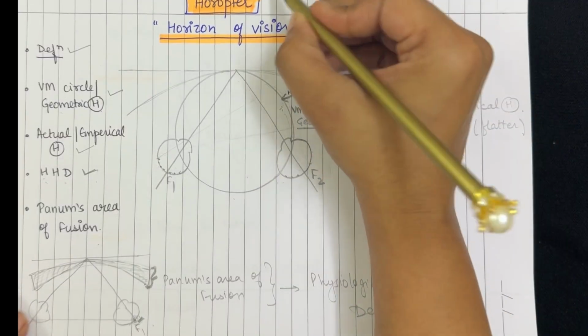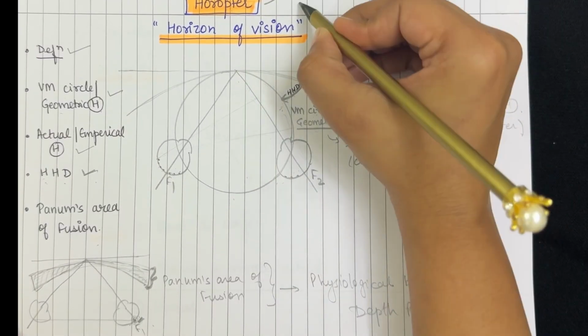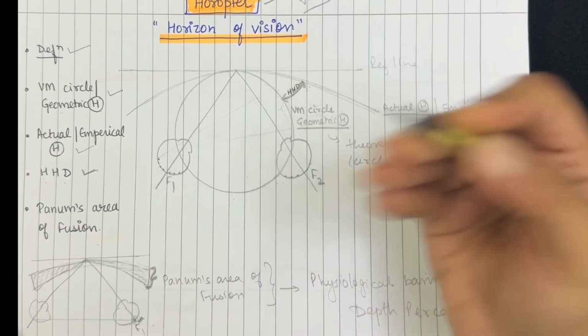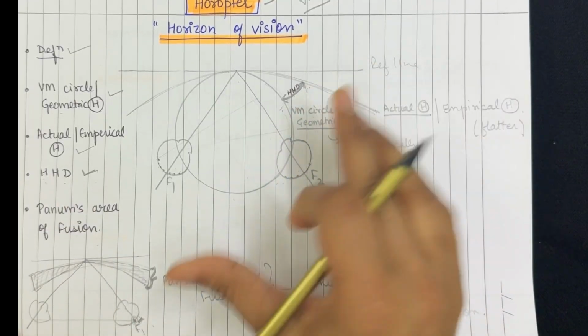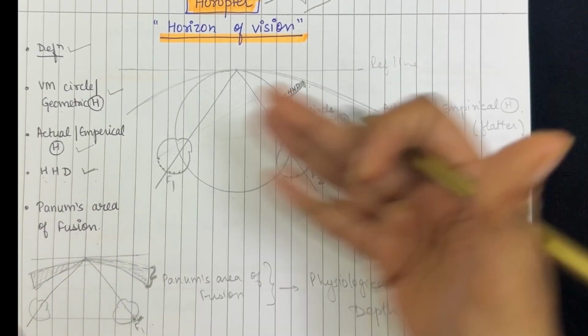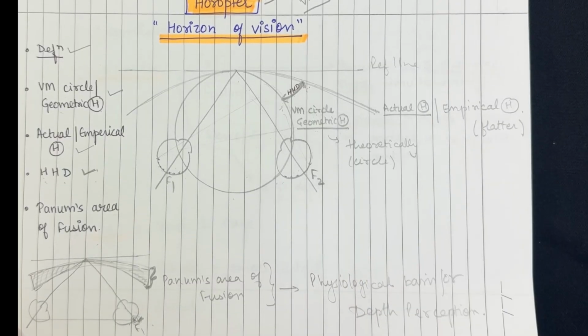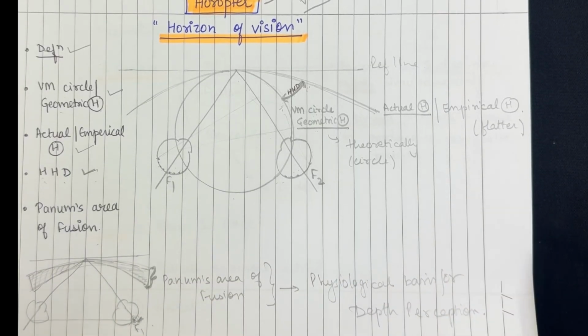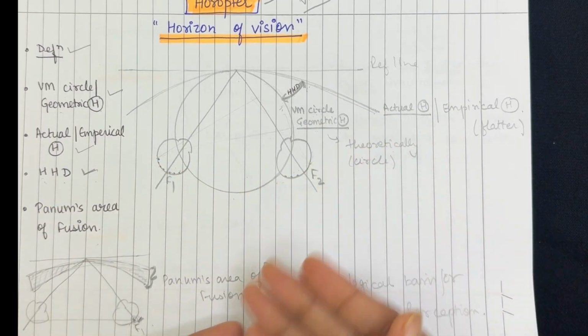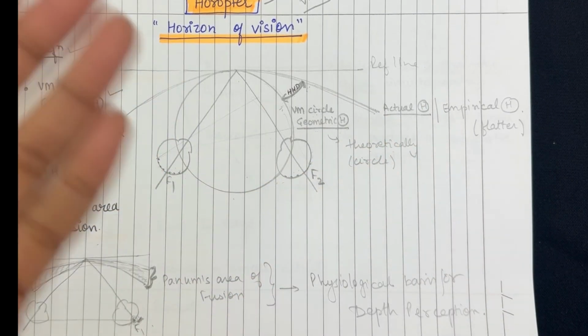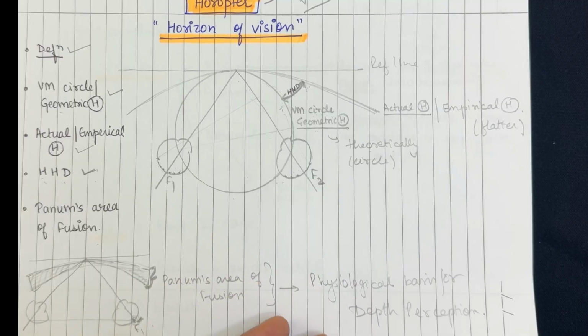Horopter comes as a short note also. This is very important in Viva also. You should be very clear about this picture in your mind, and you can talk about corresponding points, Vieth-Muller circle, empirical Horopter, Hering-Hillebrand deviation, Panum's area of fusion, physiological basis for depth perception, and then Horopter is complete.